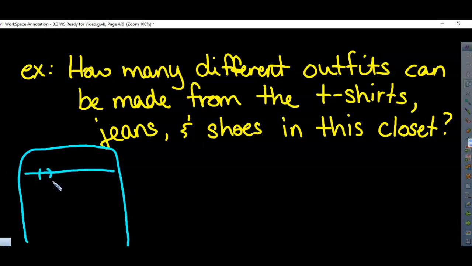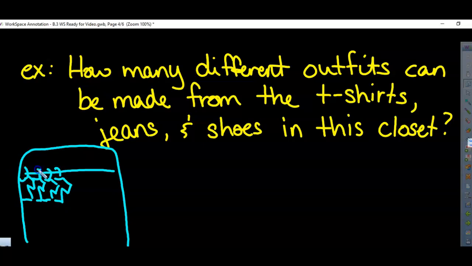And in this closet, we have some hangers. There we go. Pretty. And each little hanger guy is holding a t-shirt for us.